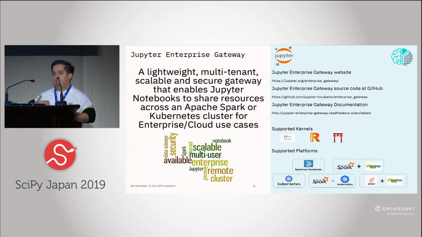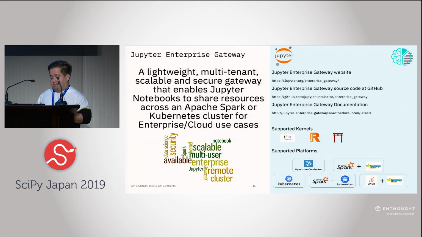A lot of resources are available here. The slide is mostly documentation for later, a resource for you to figure out more information. Supported kernels that we have are IPython, R, and Toree for Scala, which are the ones that we test mostly, because we have seen that's where most of the usage is coming from.